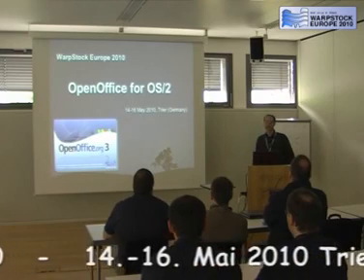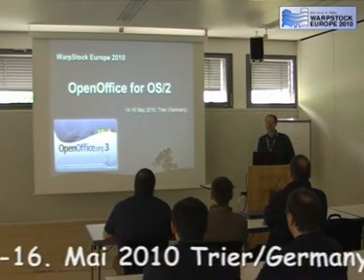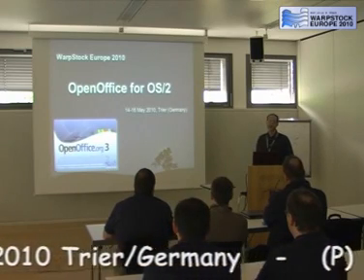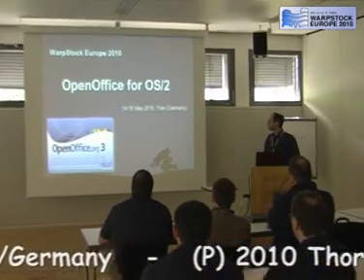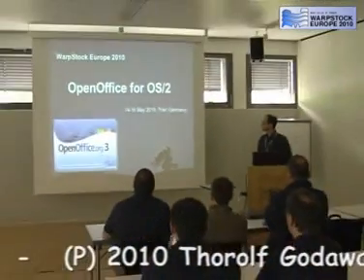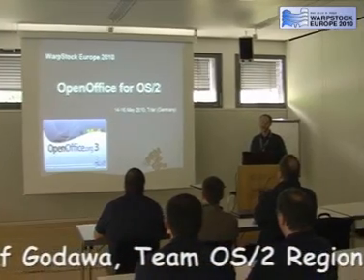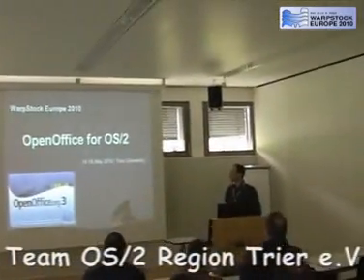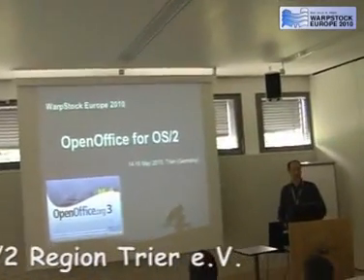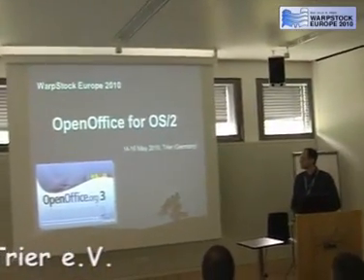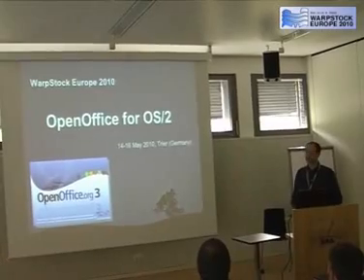As I told yesterday, this is a general presentation about OpenOffice for OS2. It is a presentation to show what has been done to get OpenOffice 3 to work on OS2, and also for OpenOffice 2.0.